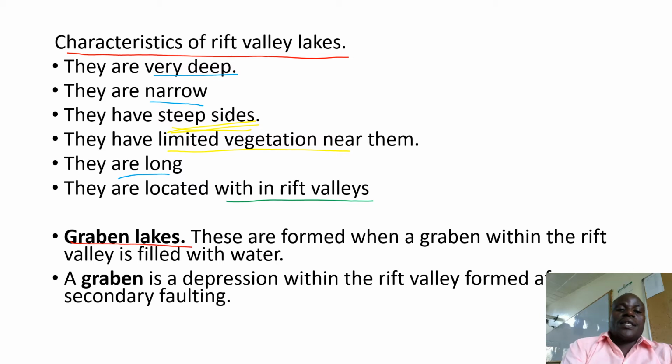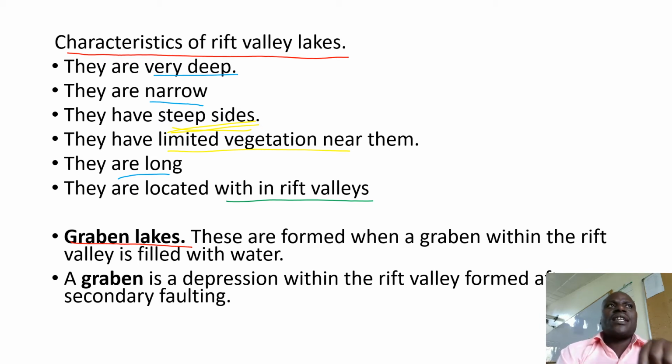Then we have graben lakes. Some geographers and books confuse graben lakes with Rift Valley lakes. The mode of formation is the same, but there is a small difference. Graben lakes are lakes formed when a graben within a Rift Valley is filled with water. A graben is a depression within a rift valley.